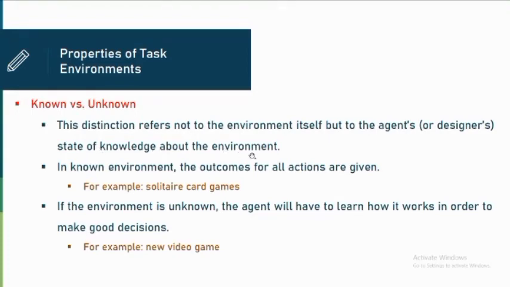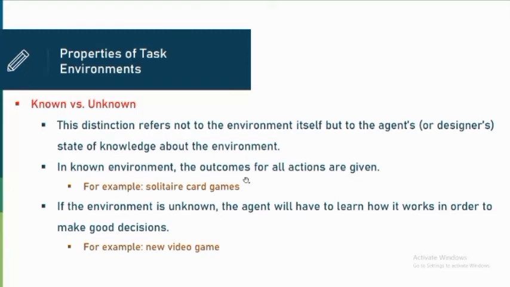So this is the difference between known and unknown. It is not related to the environment, but to the state of knowledge of the agent: what the agent knows and what the agent doesn't know. That is known and unknown.